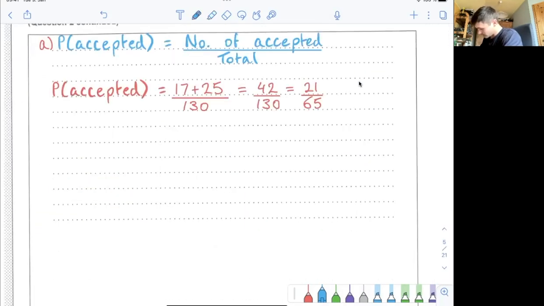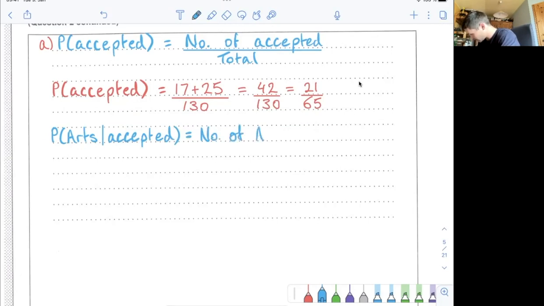And in terms of mathy speak, we'd say the probability of applied for arts given they were accepted. So this is going to be equal to the number of arts applicants that were also accepted, of arts and accepted.